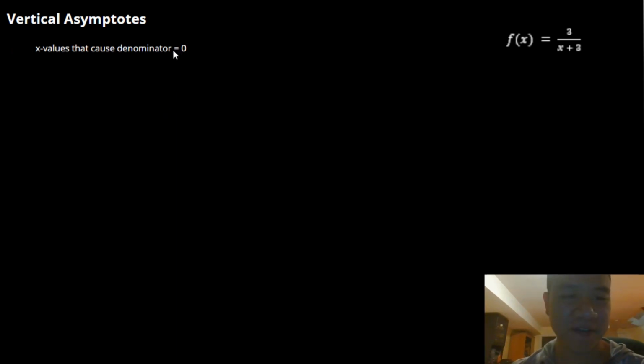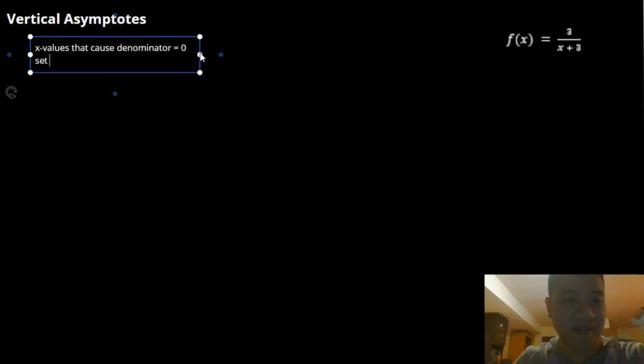So all we have to do to find these is to find the x values that cause the denominator to equal 0, and the way we do that is to set the denominator equal to 0 and solve the equation.